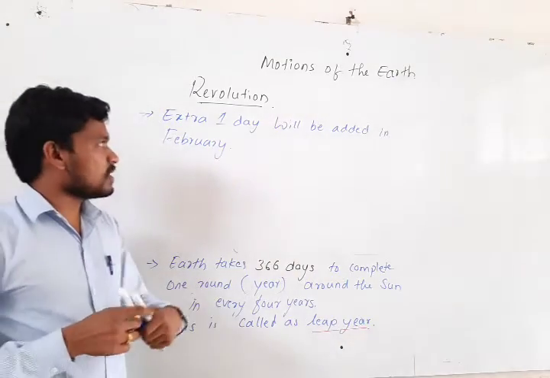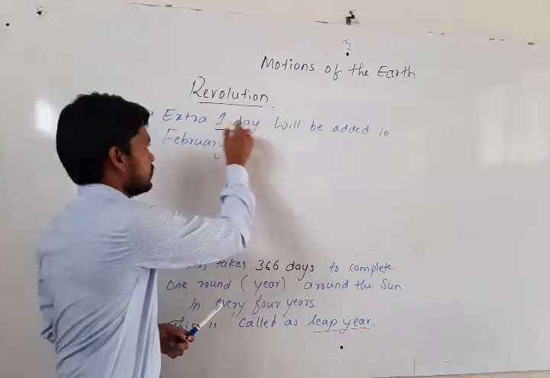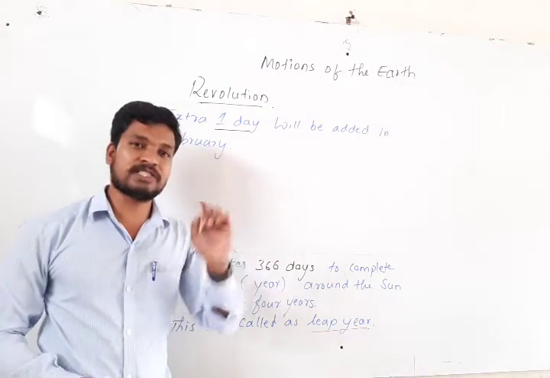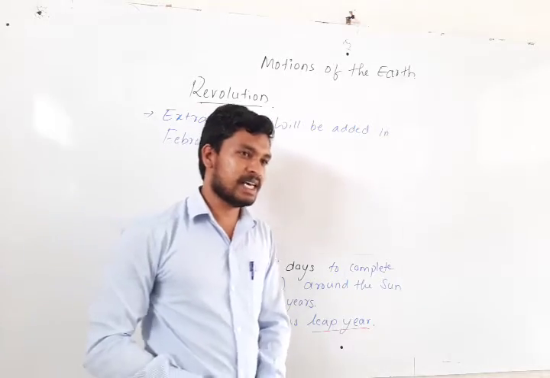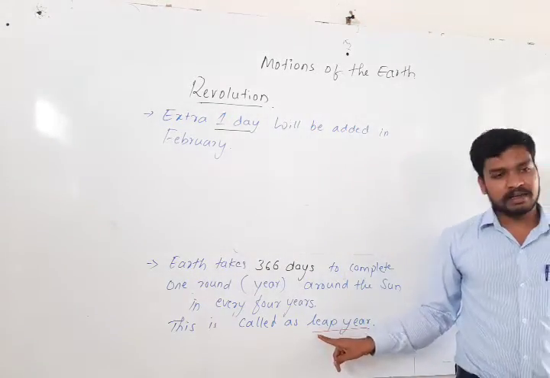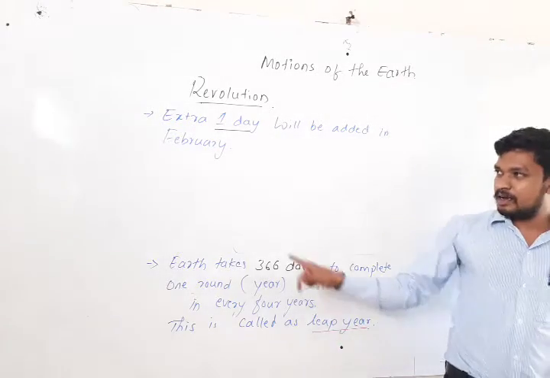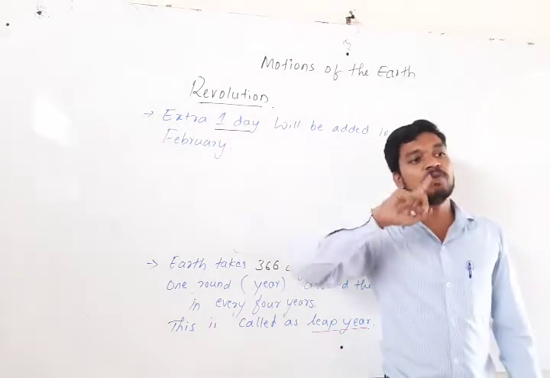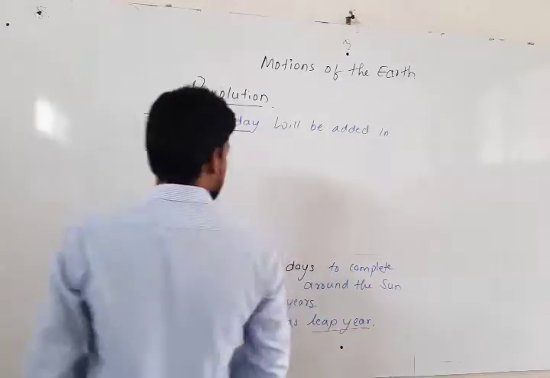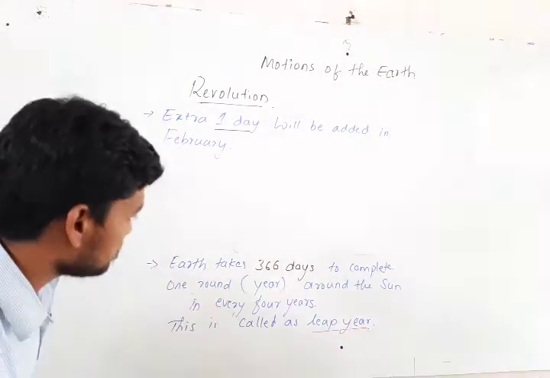When will this extra 1 day be added to February? Yes, once in 4 years. That means the year will be called a leap year. So in every leap year, February will be added with 1 more day, means 29 days. Is that all?